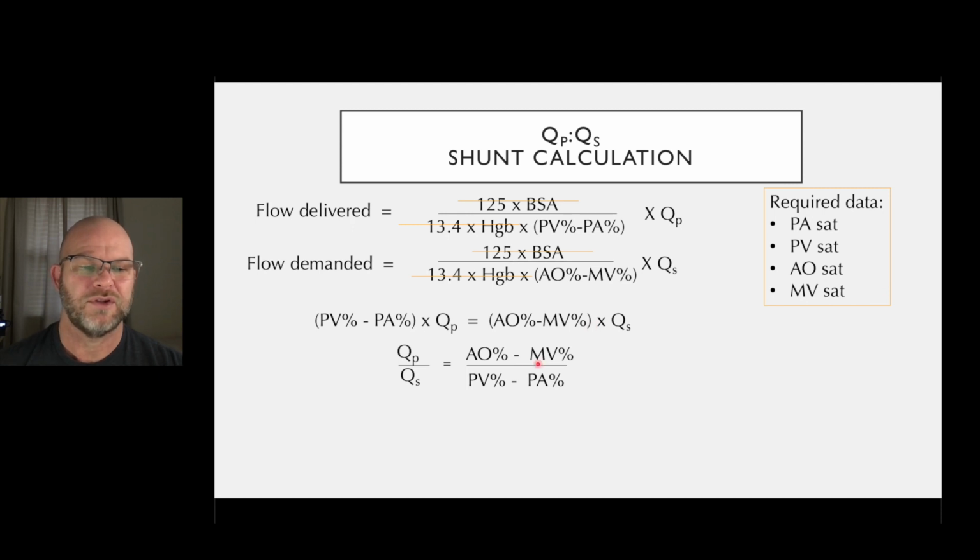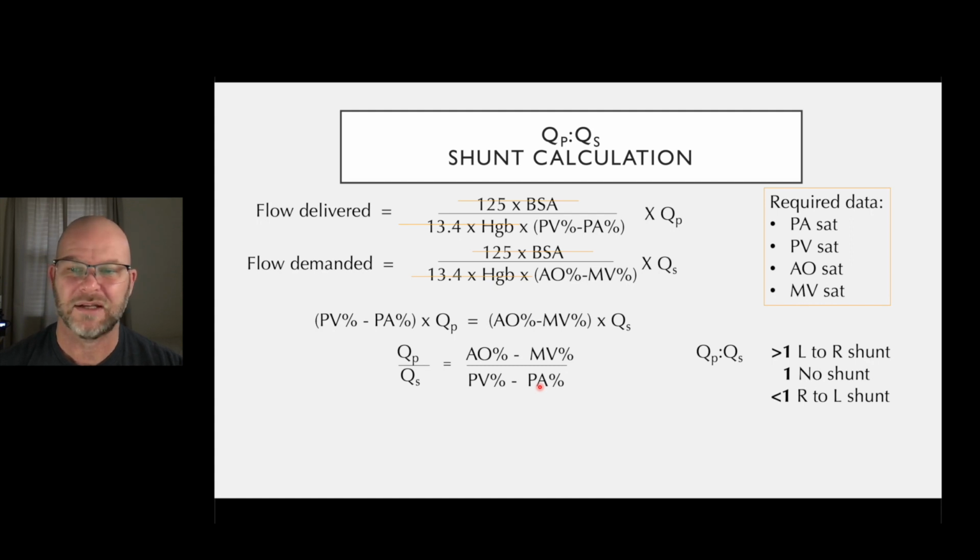What you're left with is your QP:QS is your AO sat minus your mixed venous, divided by your pulmonary vein sat with your PA subtracted from that. So you'll need a PA and a pulmonary vein sat, so a wedge sat. You'll need an AO sat and a mixed venous sat.